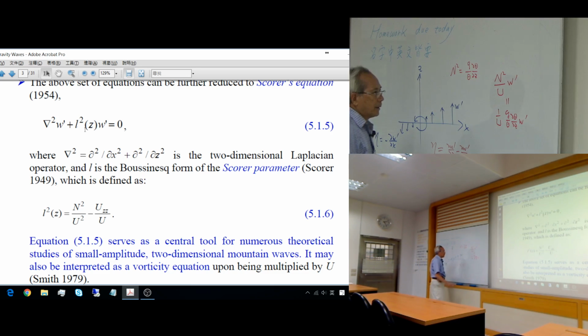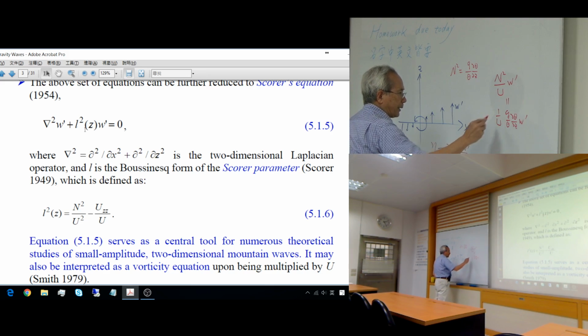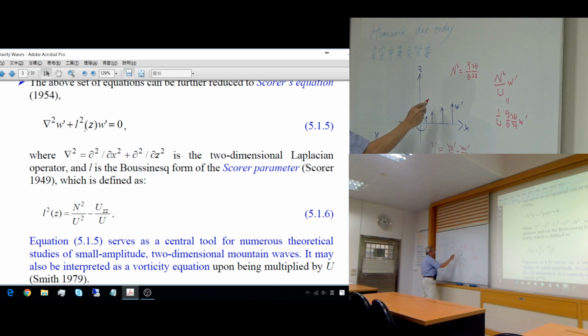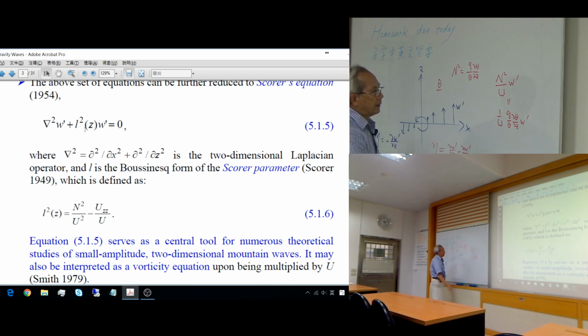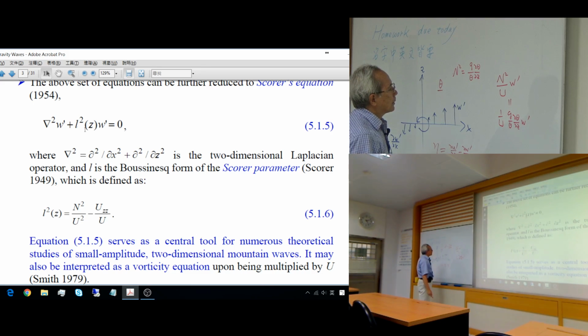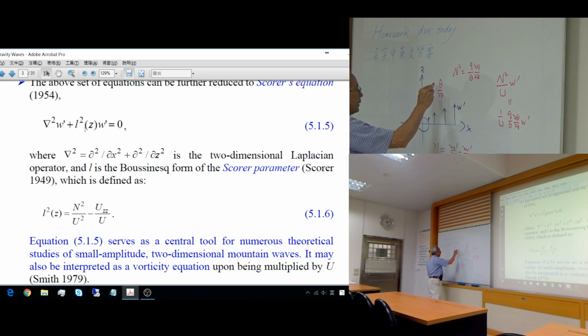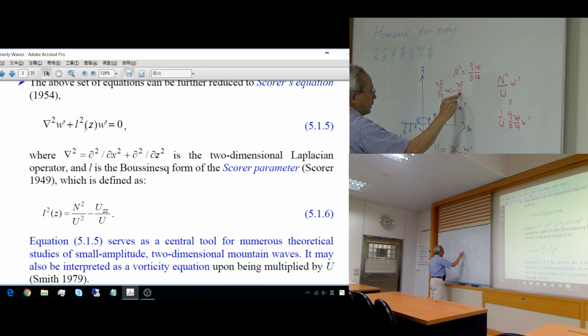And this is called the buoyancy term because d theta dz is proportional to negative d rho dz.